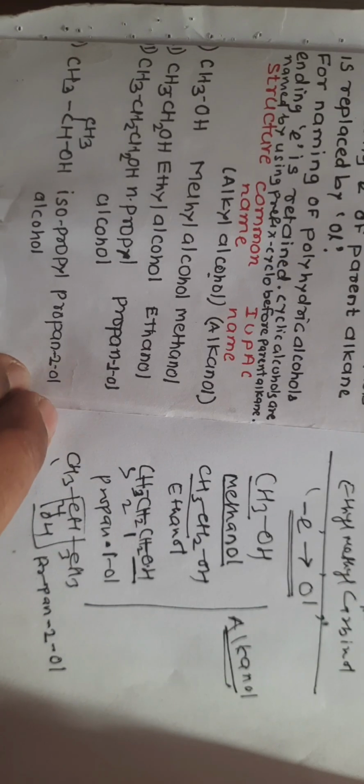CH3CH2OH, ethyl alcohol, ethanol. CH3CH2CH2OH, n-propyl alcohol, propanol. And CH3CHOHCH3 is isopropyl alcohol, also known as sec-propyl alcohol. Its IUPAC name is propan-2-ol. Now I have taken some more examples, including polyhydric alcohols.